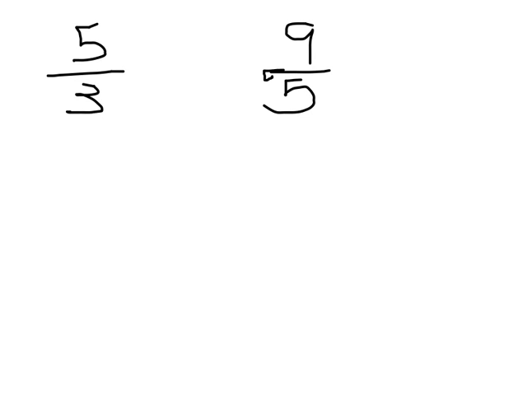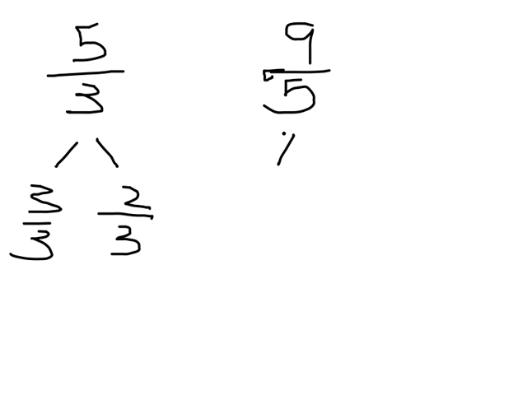All right, let's break these down into our number bond. We know that 3 over 3, and then that would leave 2 over 3. And then we break this number bond, 5 over 5, which equals 1, and then we have 4 over 5.